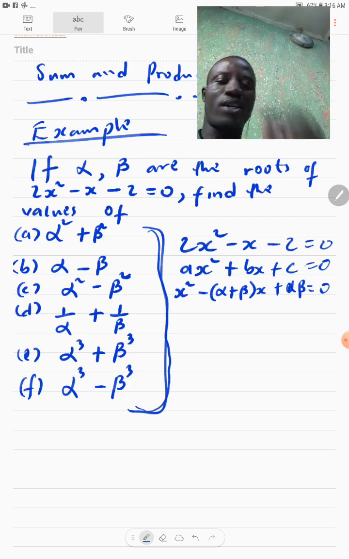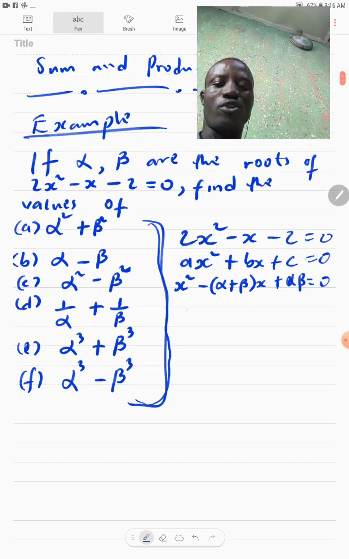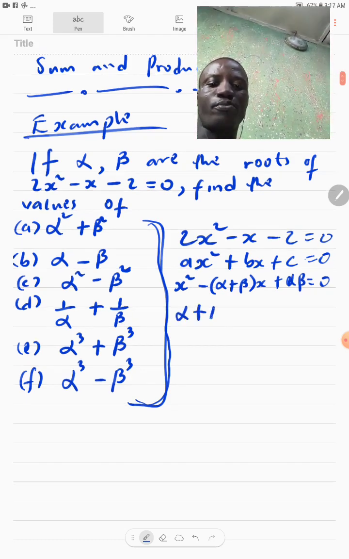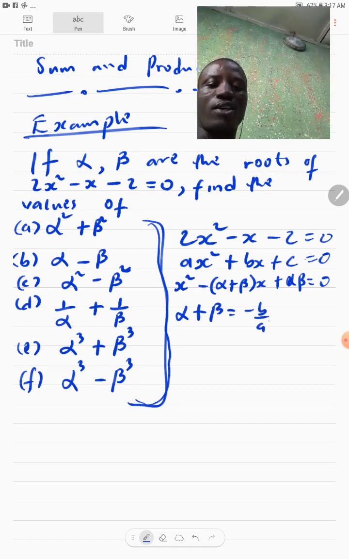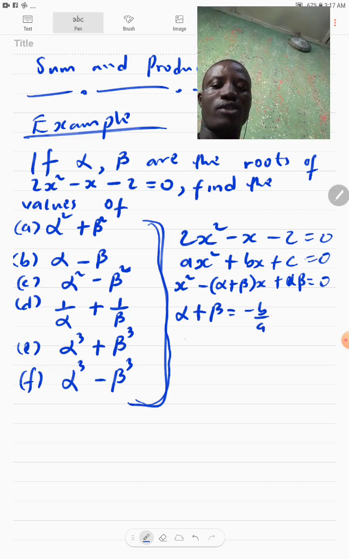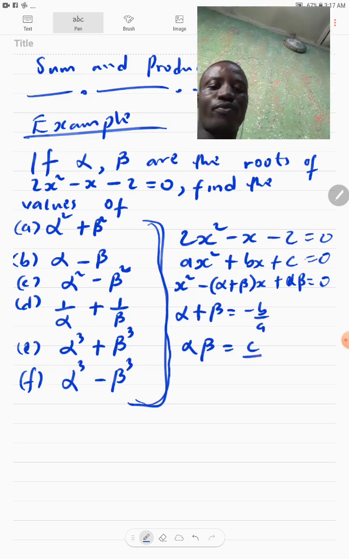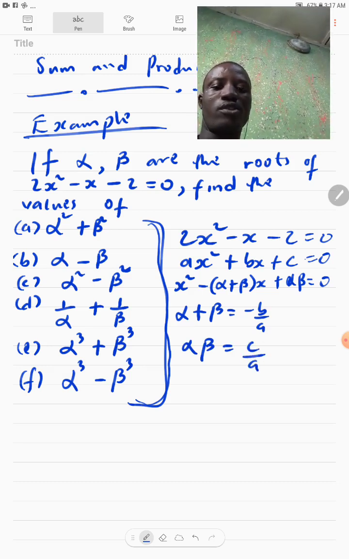If you compare this, you see that alpha plus beta is equal to minus b over a, and alpha beta is equal to c over a. So you can use this in this equation.